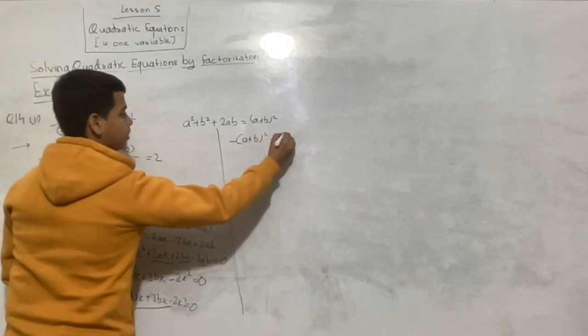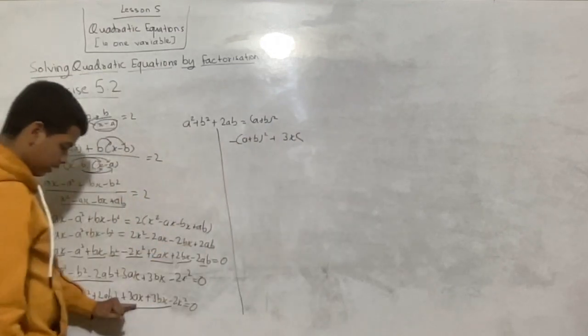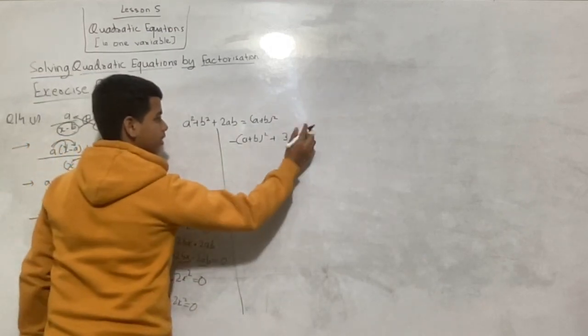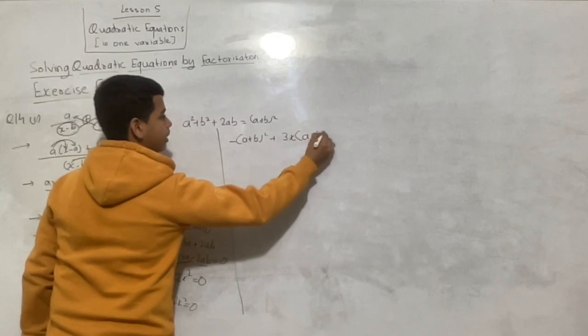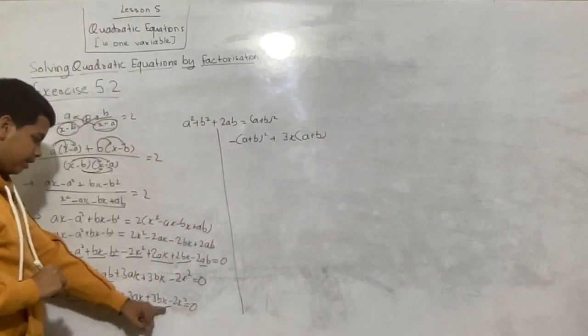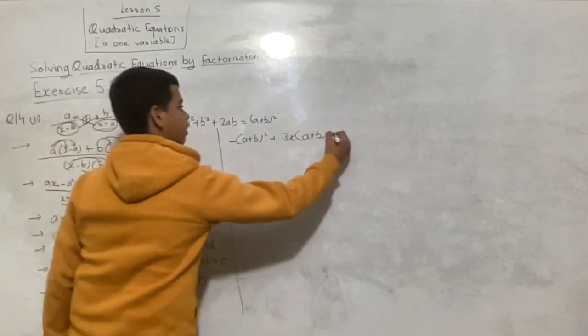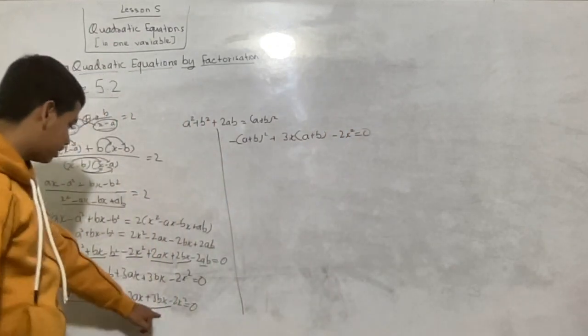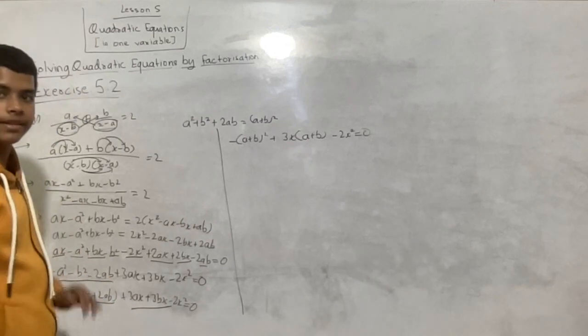So plus 3x into what is left here, a plus b. 3x into (a plus b), and here minus 2x square is equal to 0. That's it. We have factorized this also at the same time.